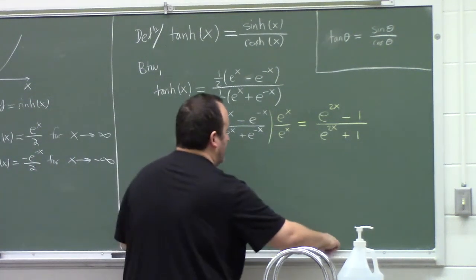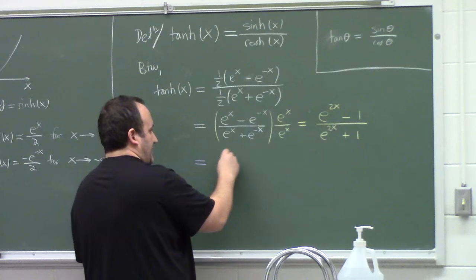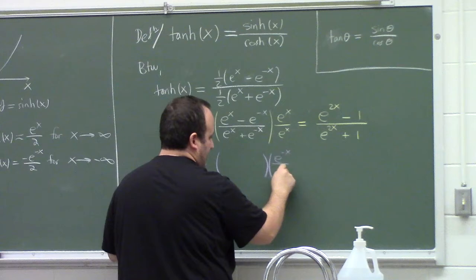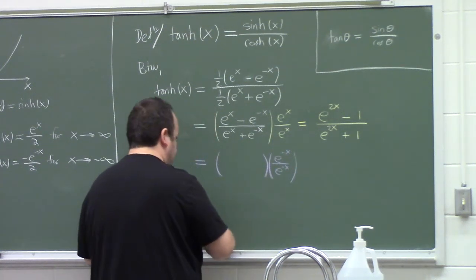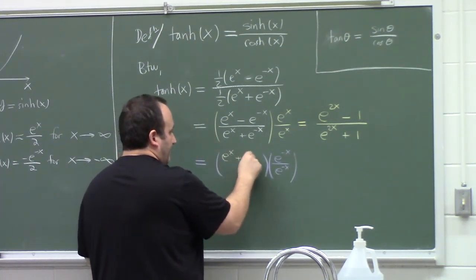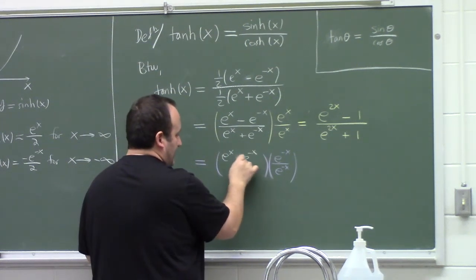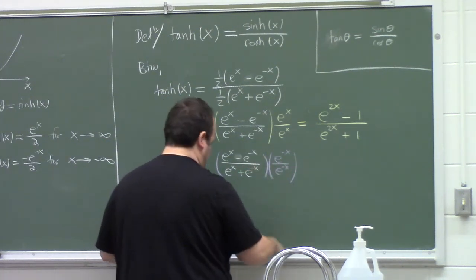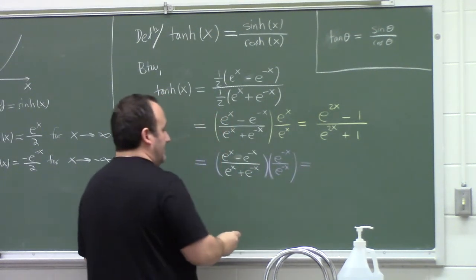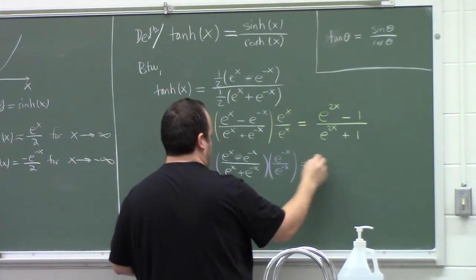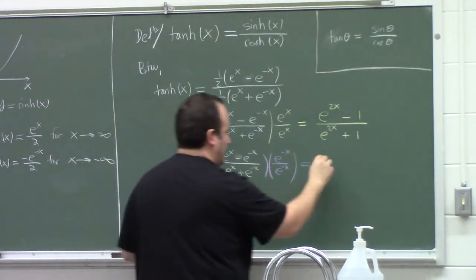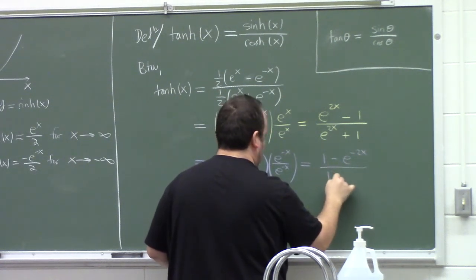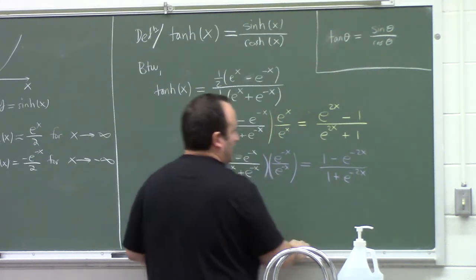And then also, if we take this and multiply by e to the minus x over e to the minus x, what do we get? I will answer your question eventually. This one gives us 1 minus e to the minus 2x over 1 plus e to the minus 2x.